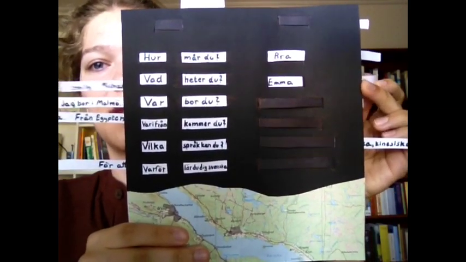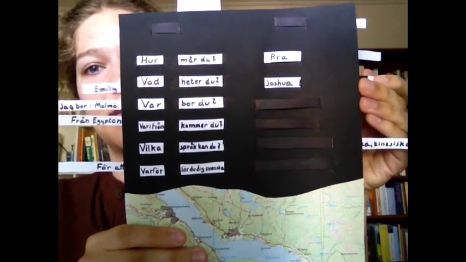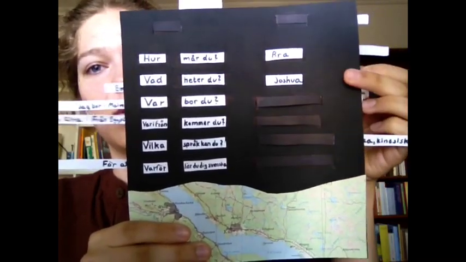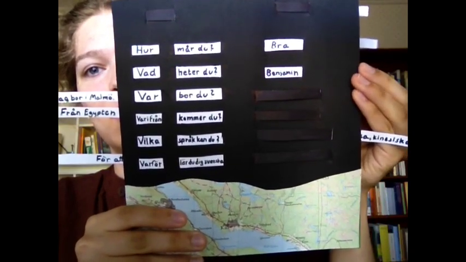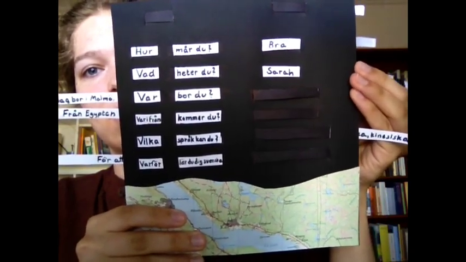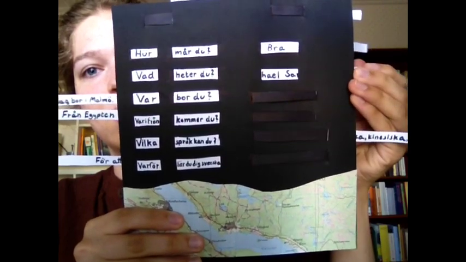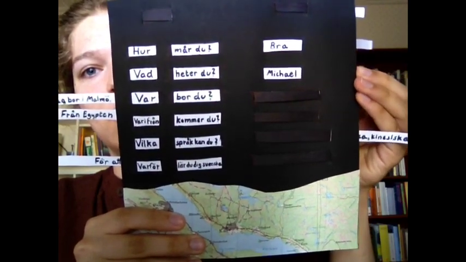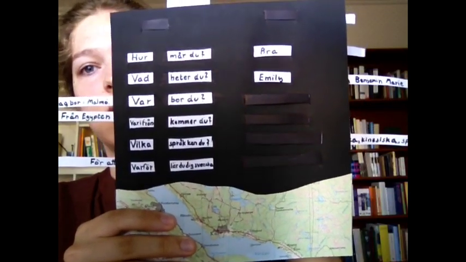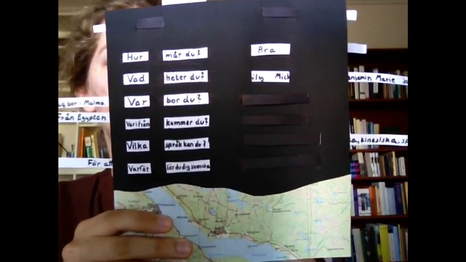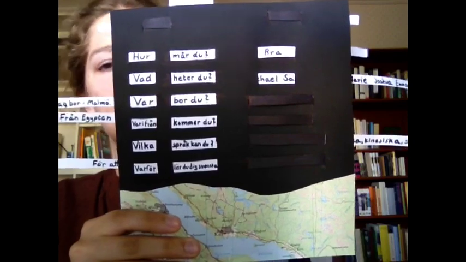Well, perhaps Emma, Joshua, Marie, Benjamin, Sara, Mikael, Emily. I was just searching on Google, like, which are the most common first names in the world.